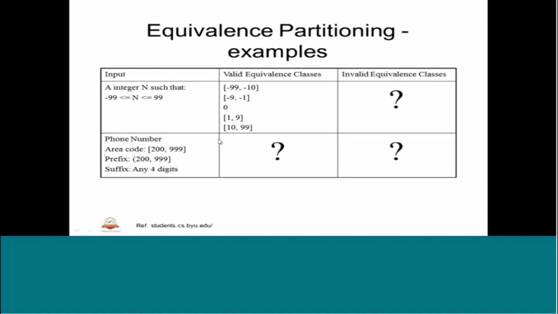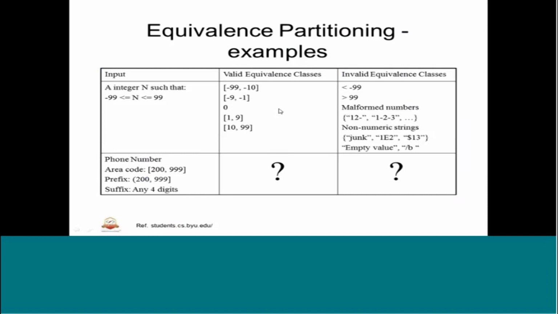The valid equivalence classes will have minus 10, minus 9, minus 1, and so on; we have about 5 valid equivalence classes. Similarly we have about 3 to 4 invalid equivalence classes, where we input values such that they are tested with an invalid range of inputs.